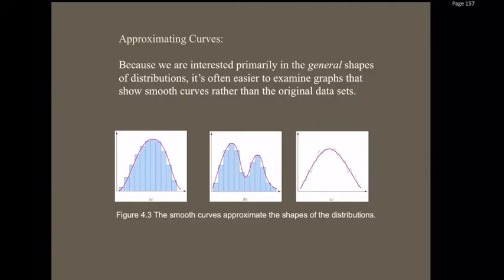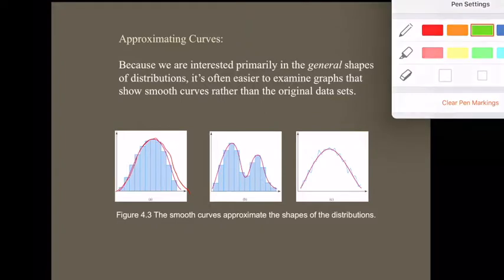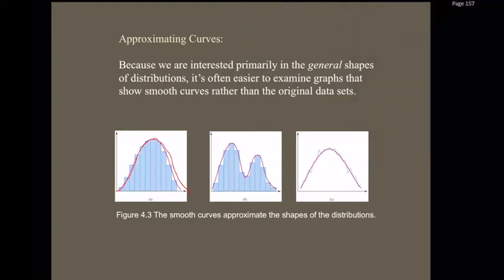So when we're given a sample and we plot a frequency distribution, it has a shape, right? And because we're often just interested in the general shapes of distributions, we want to draw a smooth curve in order for us to see the general shape rather than the original rigid data set.